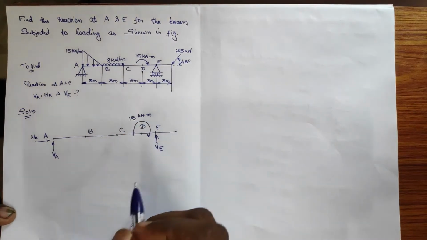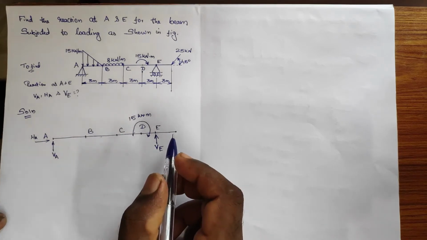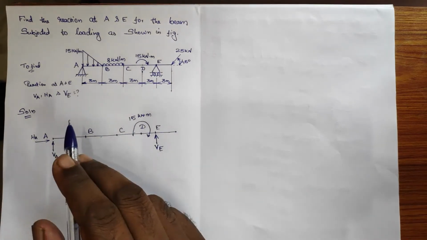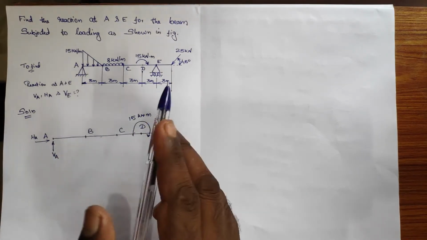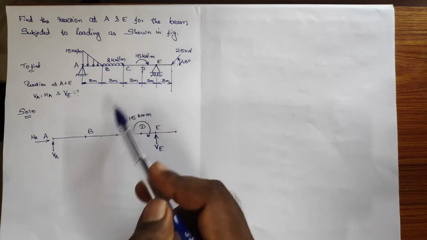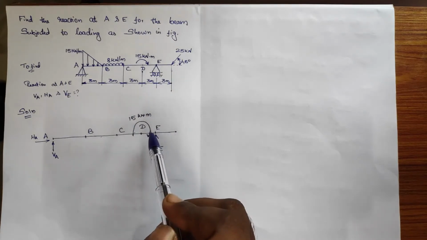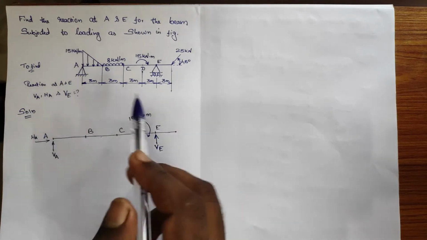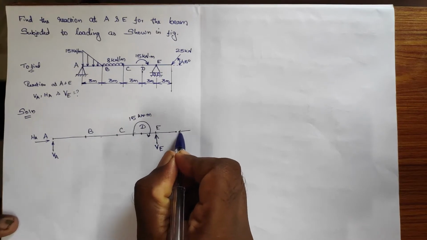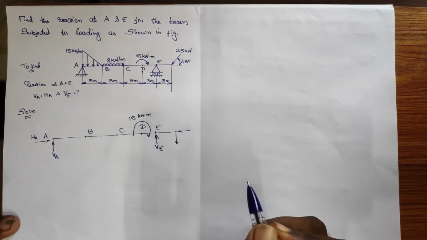And here we have an inclined force. Inclined force in the sense that it is partially vertical and partially horizontal. The force is acting something like this, so I can say partially vertically downwards and horizontally left.